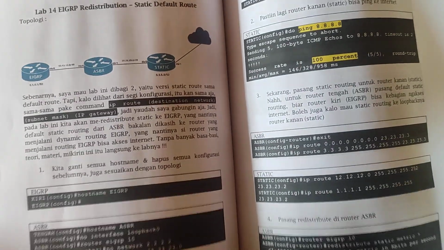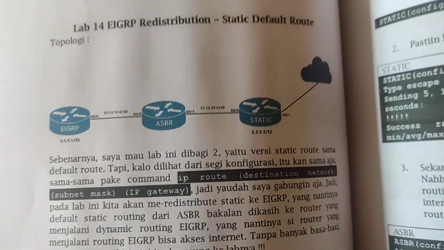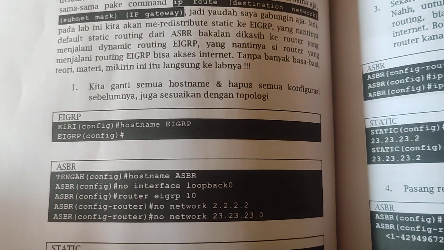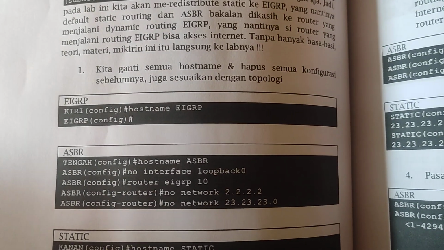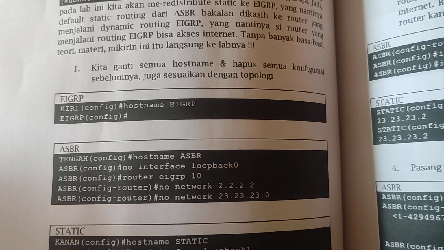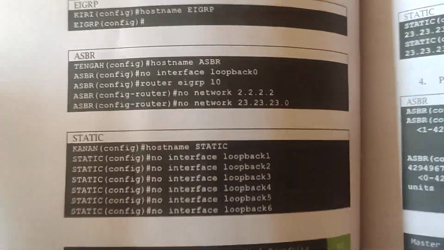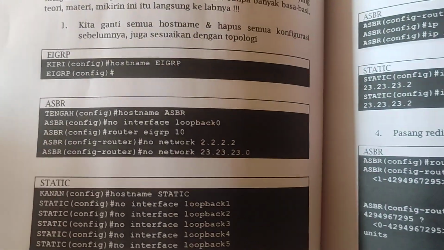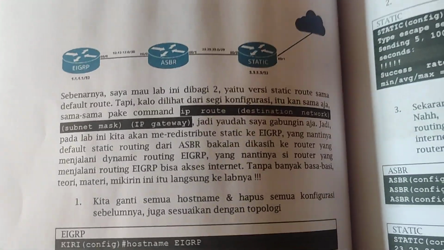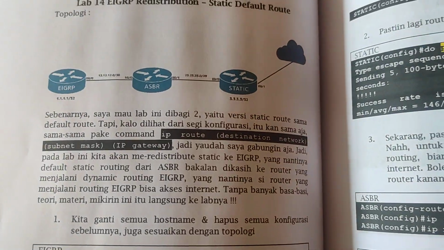Yeah. So here I want to show you, the topology is still the same. First, on the left router you can set the hostname AGRP, and then the router Icebear, and the router static.